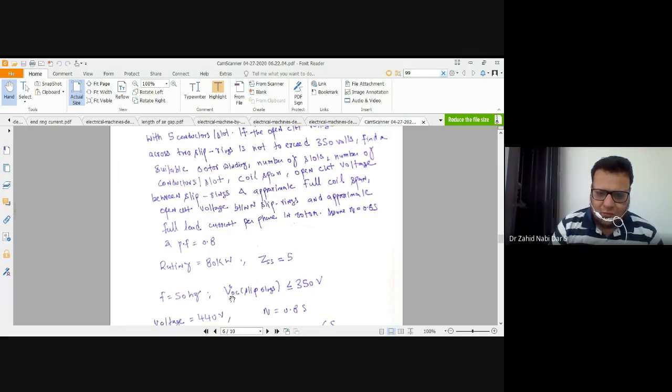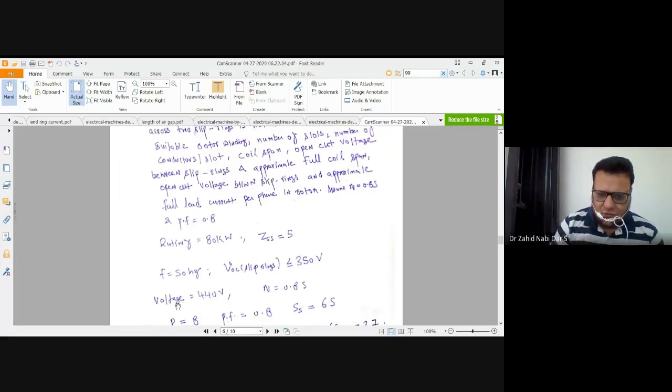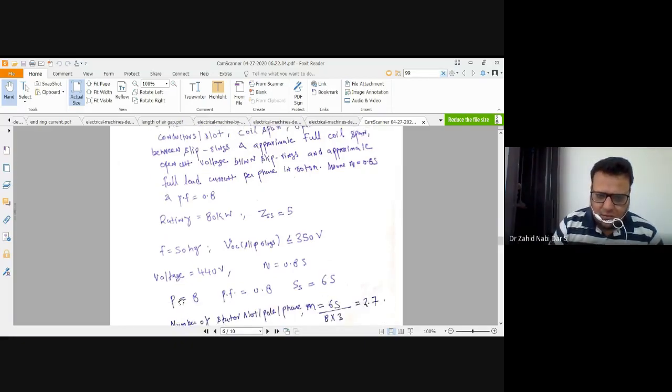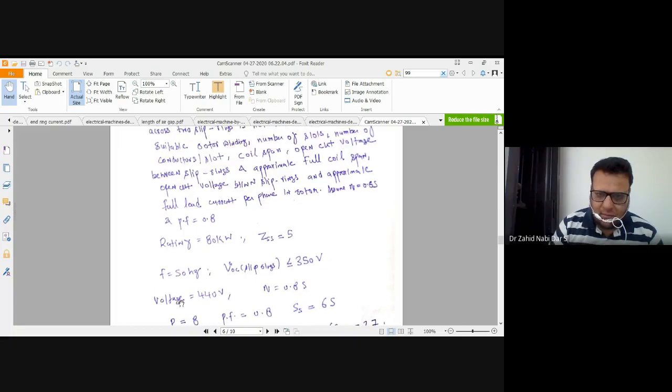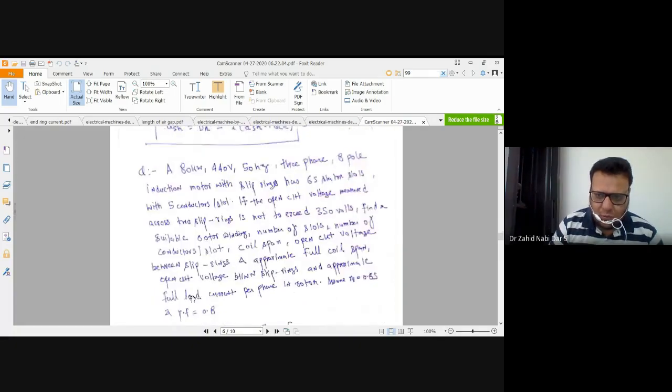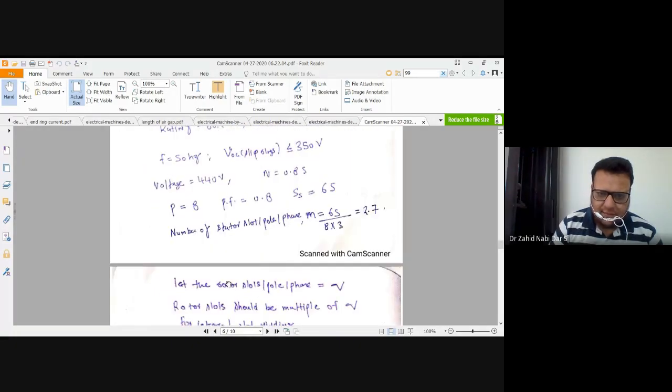Your open circuit voltage of the slip rings is less than or equal to 350. Your voltage is 440 volts. Your efficiency is 0.85. Number of poles is 8. Your power factor is 0.8.